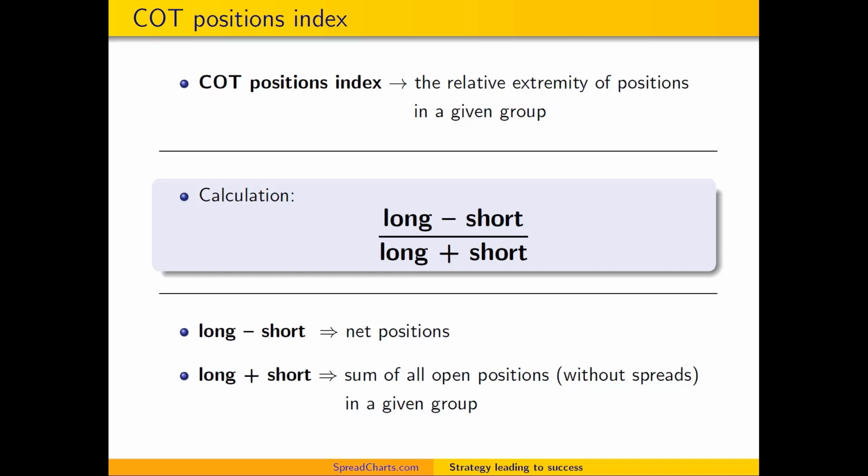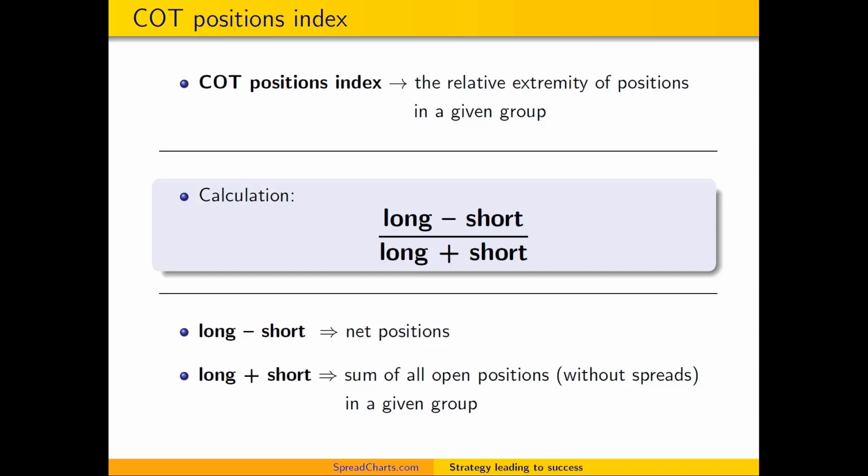On the other hand, there can be 80,000 long positions and 30,000 short positions. This would be an entirely different situation. Basically, a market dominated by long positions. We need something to take the total amount of positions within a given group into account. And that's what the COT index is good for.